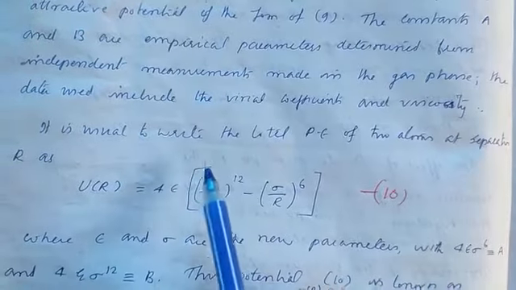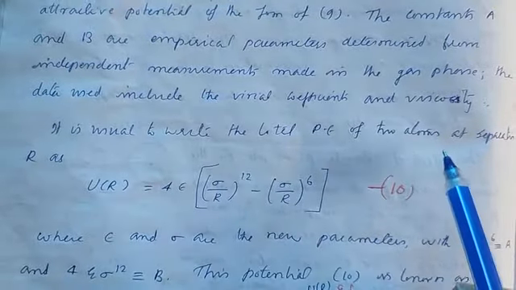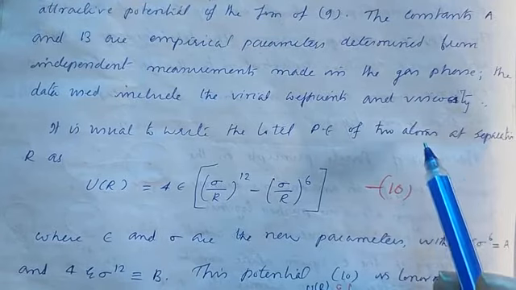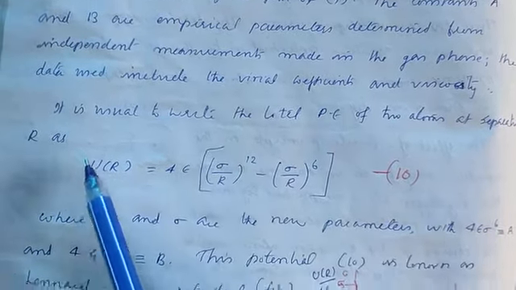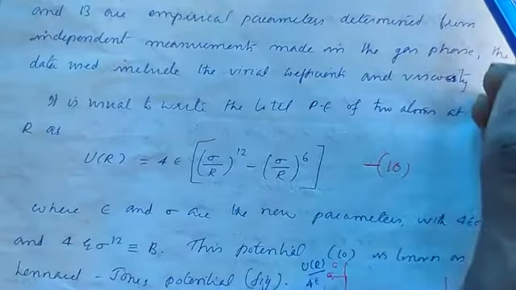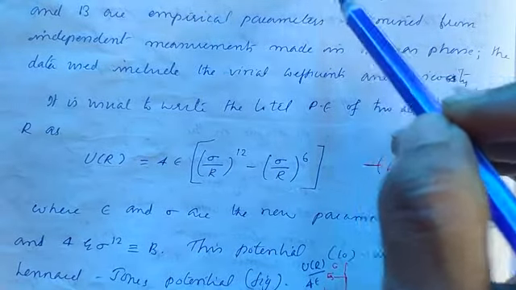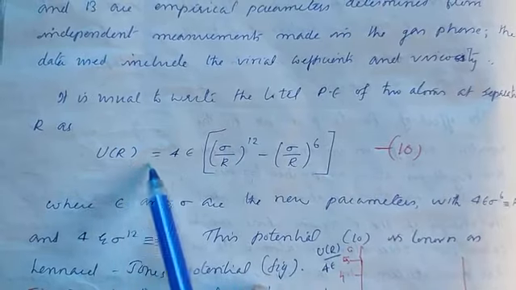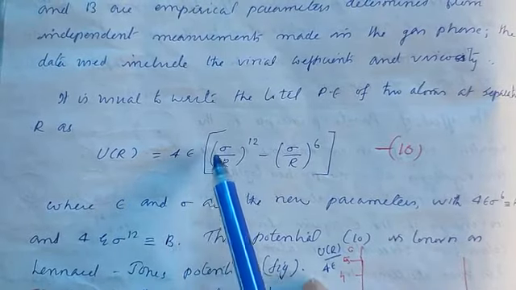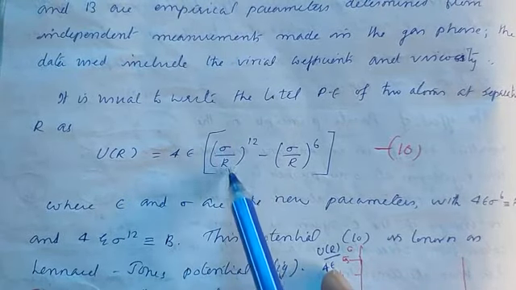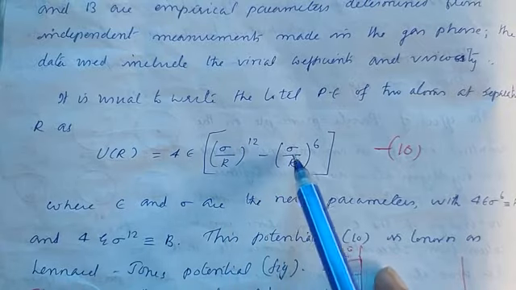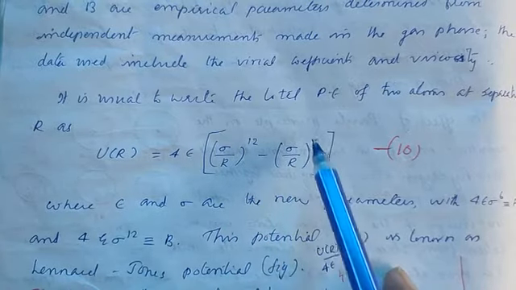So it is usual to write the total potential energy of two atoms at a separation R as the combination of this and the term appearing in equation 9, that is, U of R equals 4 epsilon times sigma by R to the power 12 minus sigma by R to the power 6.